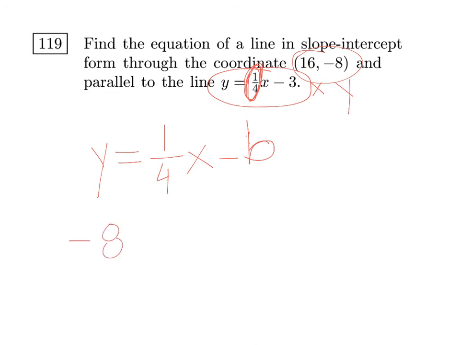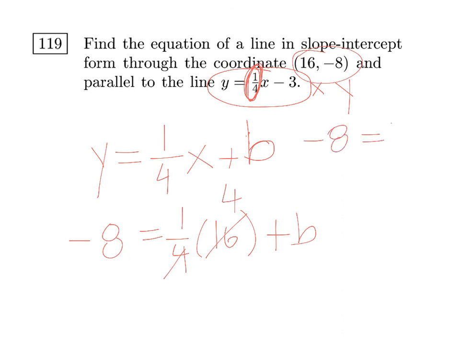So I have negative 8 is equal to 1/4 of 16 plus b. 4 goes into 16 4 times, so I get negative 8 is equal to 4 plus b. Subtract 4, and b is equal to negative 12. So I end up with y is equal to 1/4 x minus 12.